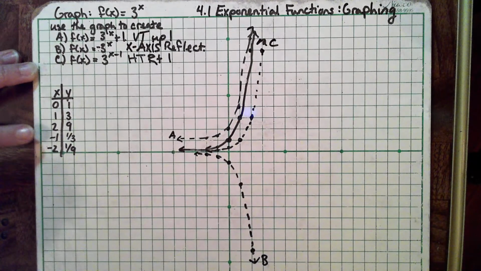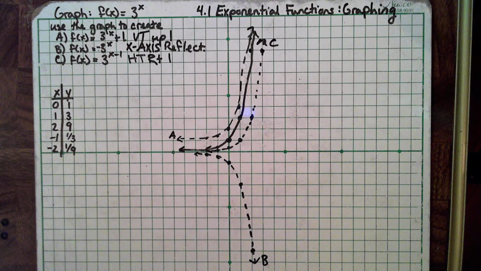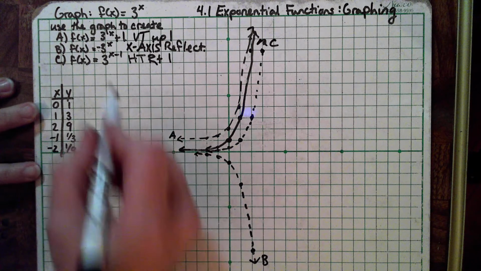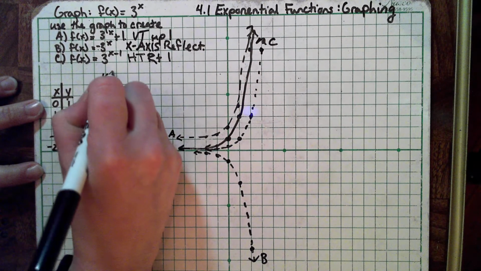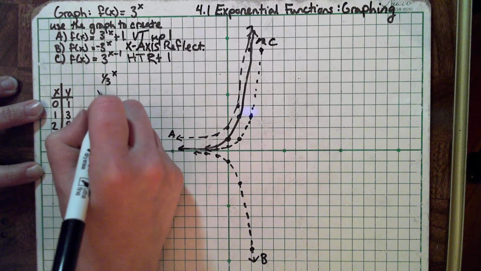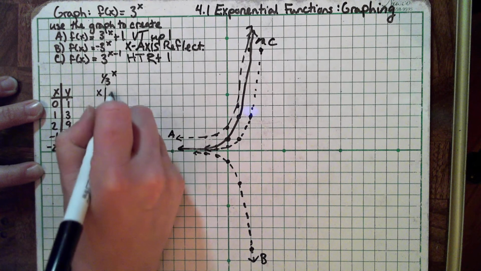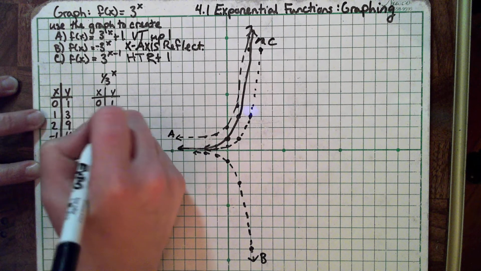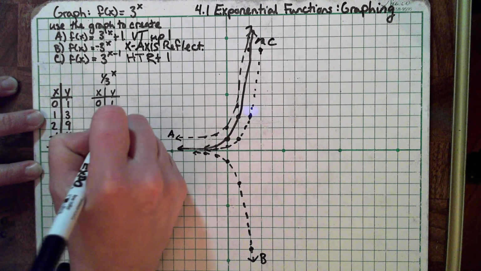Okay, so that's how you graph an exponential function. Now, just remember that this is a whole number, so when you work with fractions, these negative exponents will flip the fraction. So like if this had been the graph of (1/3) to the x, watch what's going to happen. (1/3) to the 0 power is still 1, but (1/3) to the first power is 1/3.